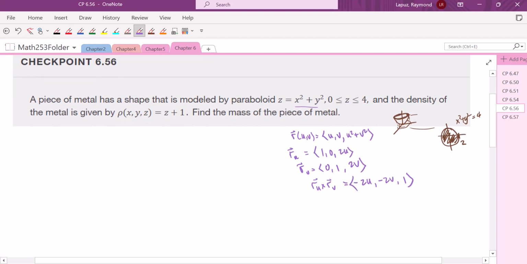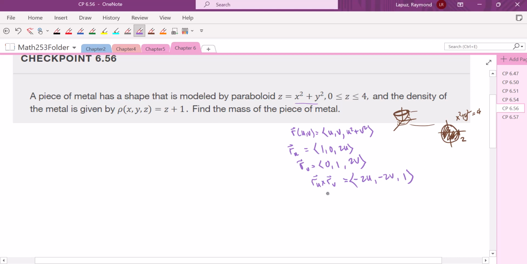All right. So now that we have a cross product, we'll take its magnitude, the magnitude of R_U cross R_V, and this is going to be the square root of 2U squared and 2V squared, all those quantities squared, plus 1. So just to get this kind of straightened out, there's a 4 under the square root, U squared plus V squared, plus 1.